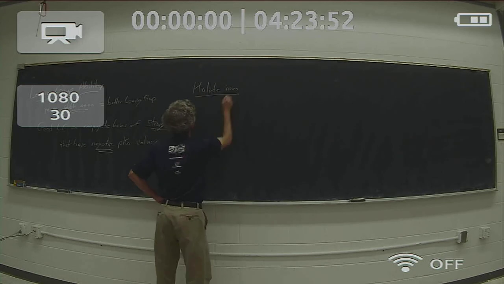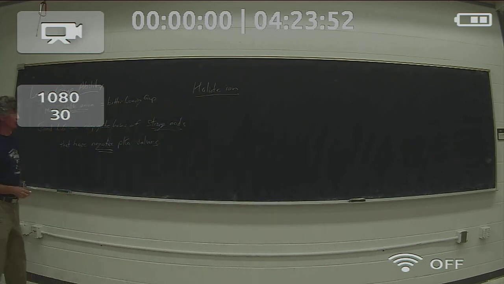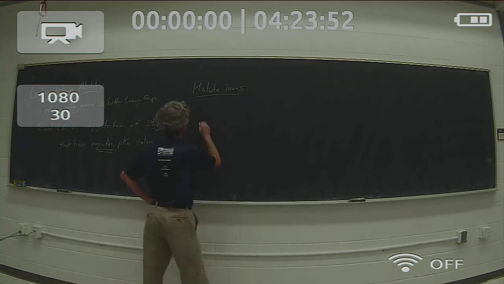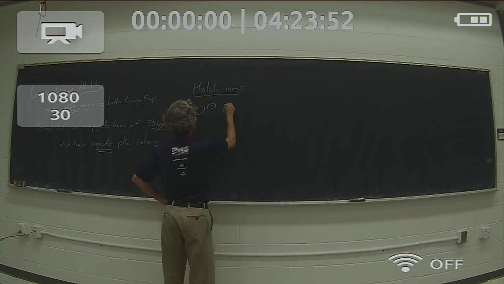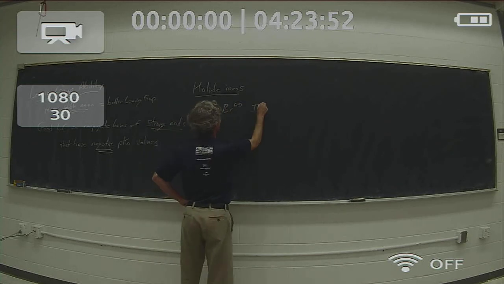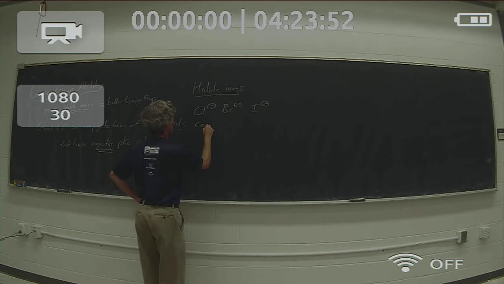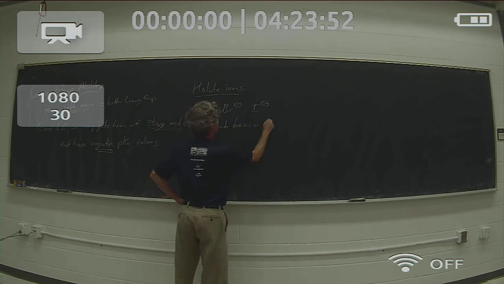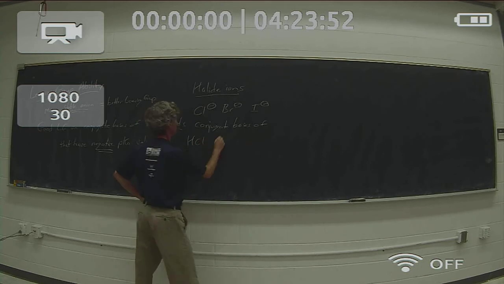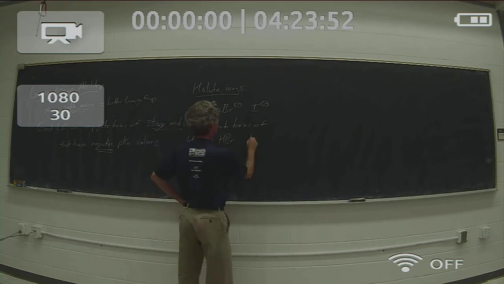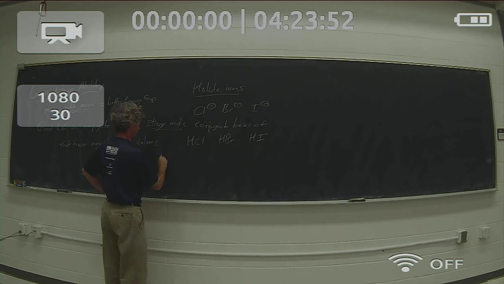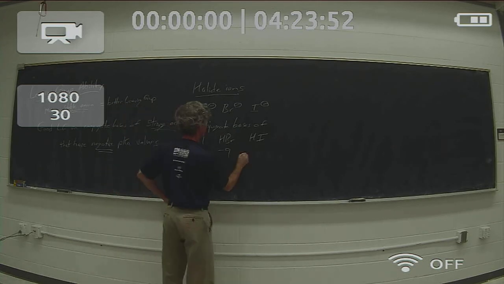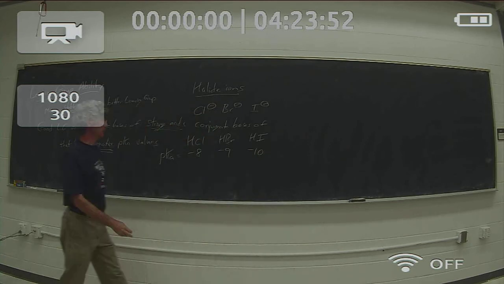And most of the leaving groups that we're going to be using fall into two categories. They are either halide ions, chloride, bromide, and iodide, which are the conjugate bases of HCl, HBr, and HI, respectively, which we know have pKa values of -8, -9, -10.